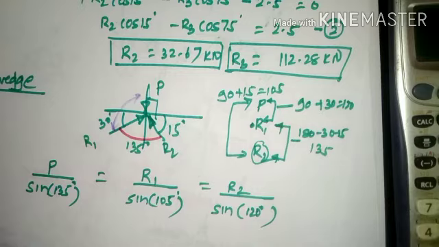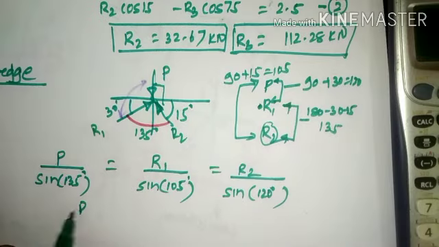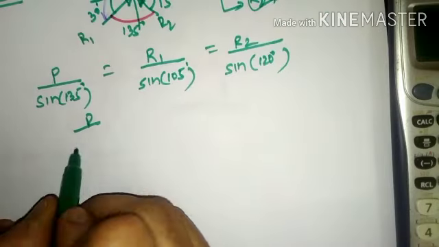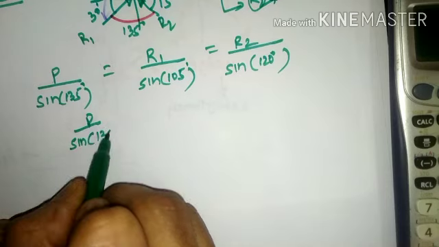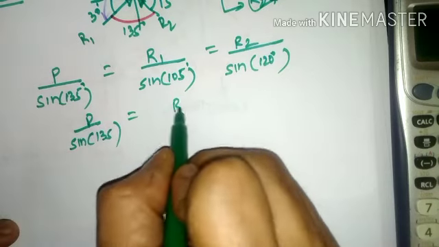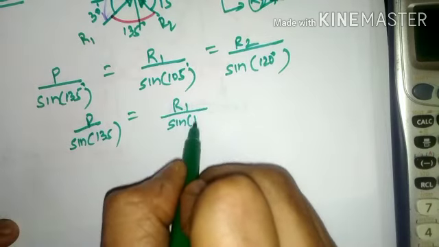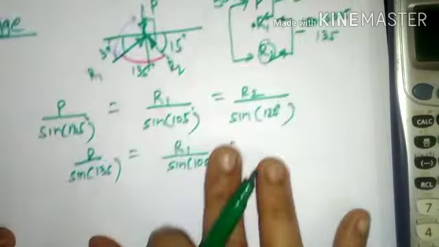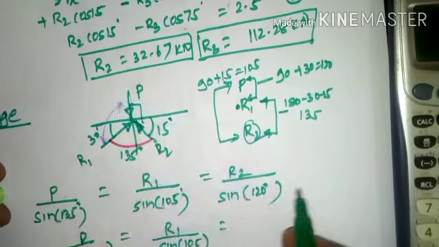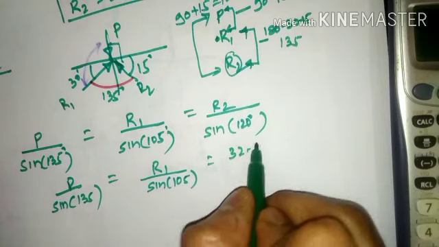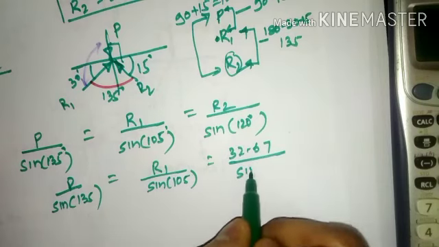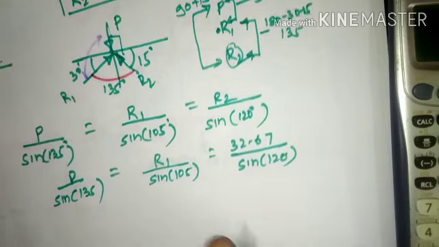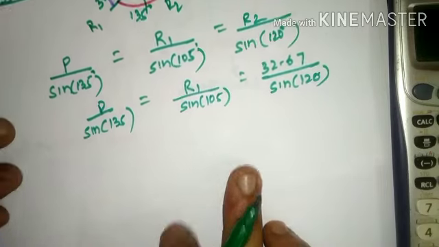So if we solve this particular case, P divided by sine of 135, keep it as it is. Then R1 divided by sine of 105 as it is. Then R2 value is calculated here, which is 32.67 divided by sine of 120. So cross multiplying to get the value of either P and R1.